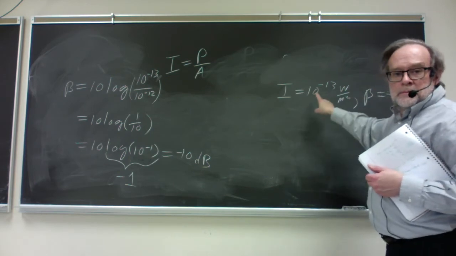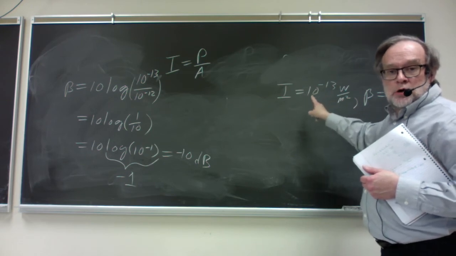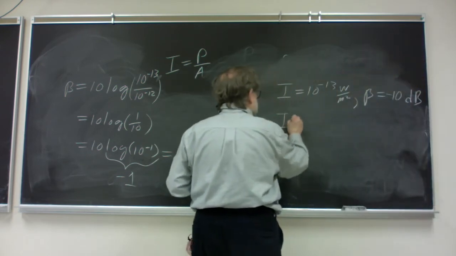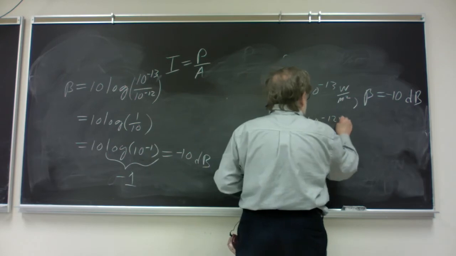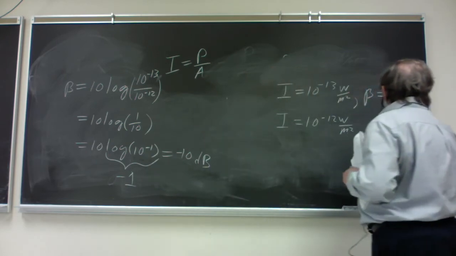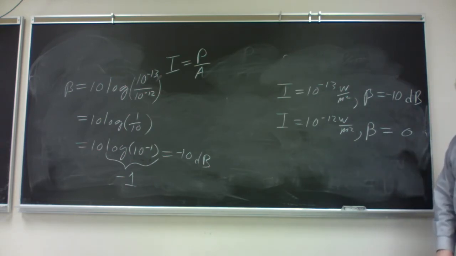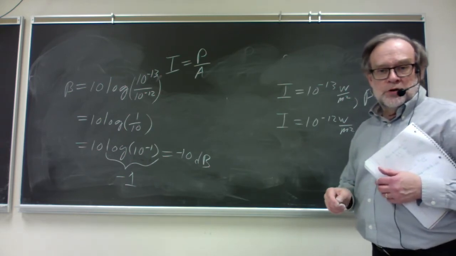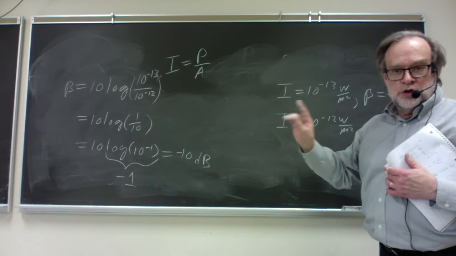And when the intensity was 10 times stronger, 10 to the minus 12 watts per square meter, the decibel level was 0 decibels. So a pattern's starting to emerge here, and we'll see it if we do just one more of these.